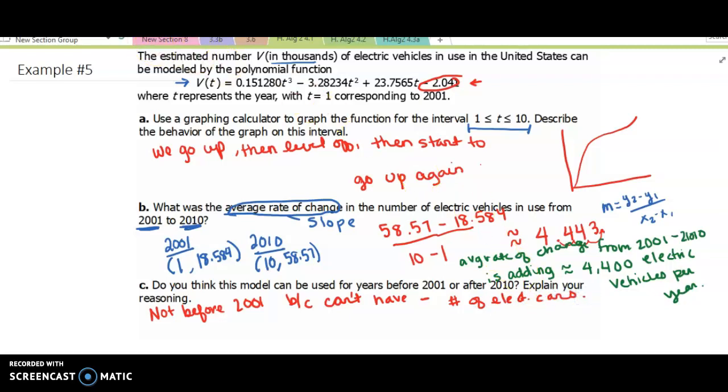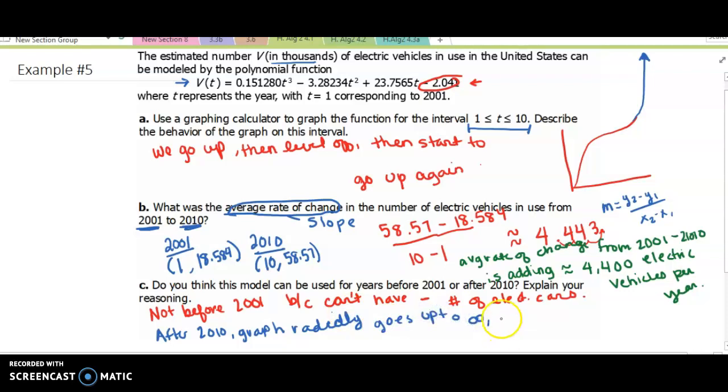Okay, well then after 2010, guys, this is a cubic function, so if I were to finish this, we would keep going to infinity. So after 2010, the graph rapidly goes up to infinity.